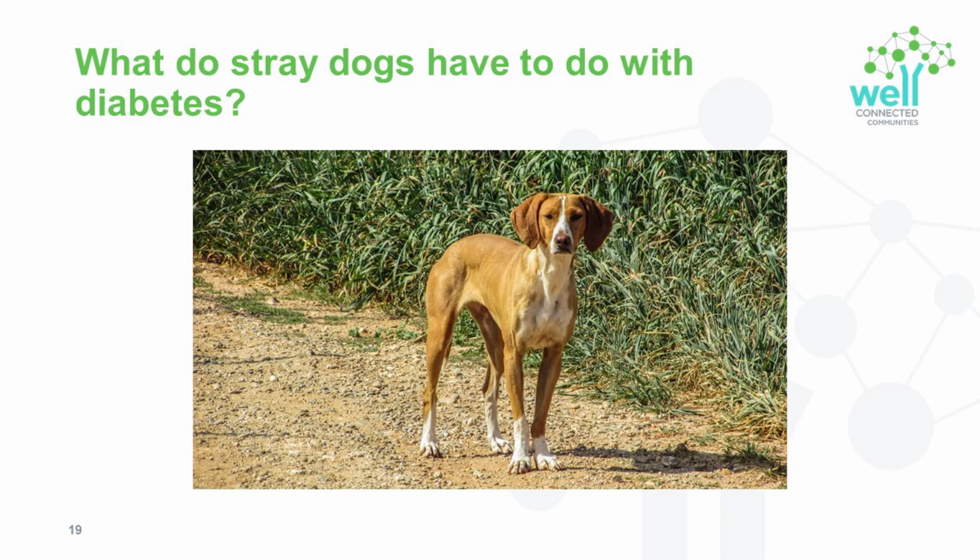This made addressing the stray dog issue the most important first step to address diabetes. In this example, stray dogs were a circumstance or condition where people lived that negatively impacted their health because it limited the physical activity, walking, that they were most likely to engage in.